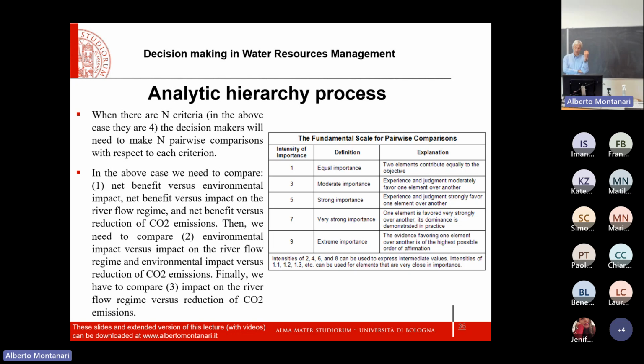And I want to make a premise here. How do we estimate weights in this case? By consulting with stakeholders. So we have to get their opinion, and their opinion is, as you will see, collected with a structured process, which is very transparent. On the other hand, this method for putting together the opinion of like 100 stakeholders is based on mathematics.